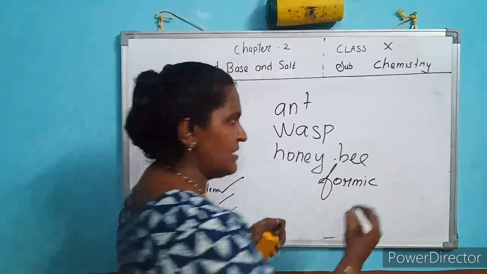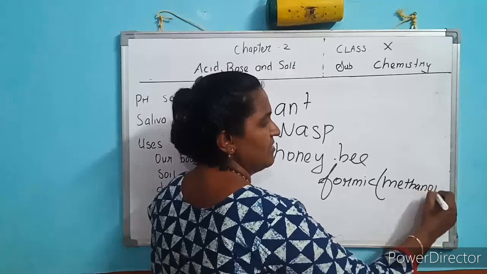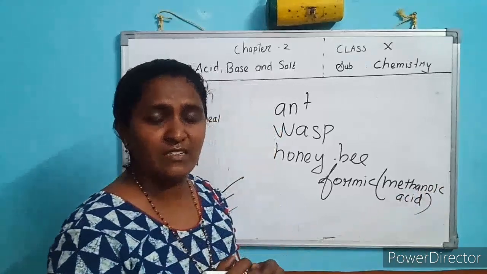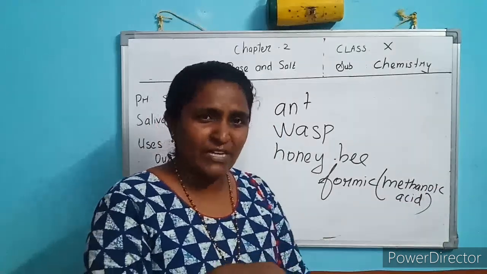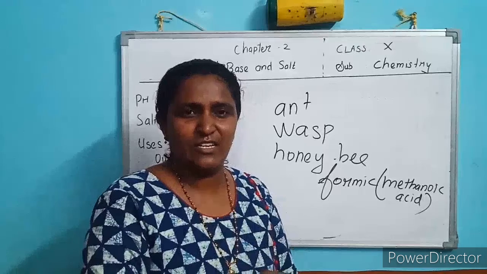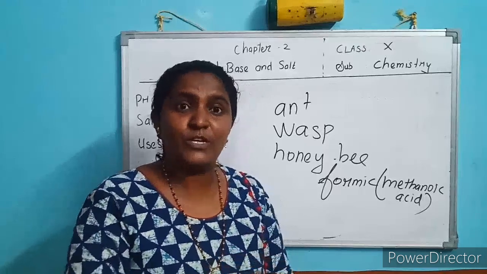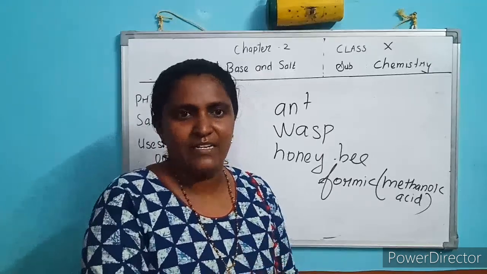The other name is methanoic acid. Our body is almost neutral. Because of this, the acidity in the particular area is increased, so we get severe pain. So it needs to be neutralized. So we need a base. A base has to be applied.